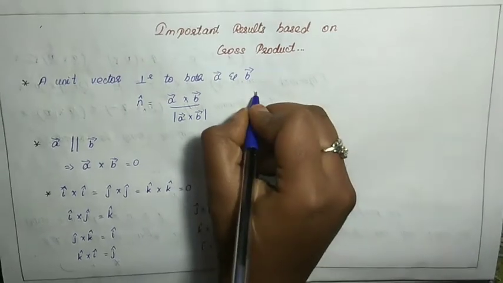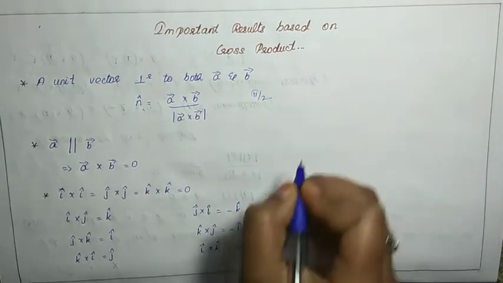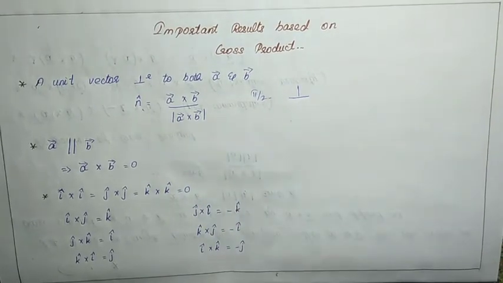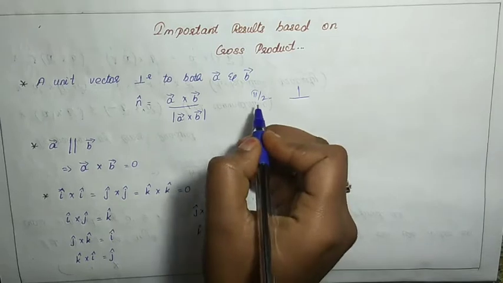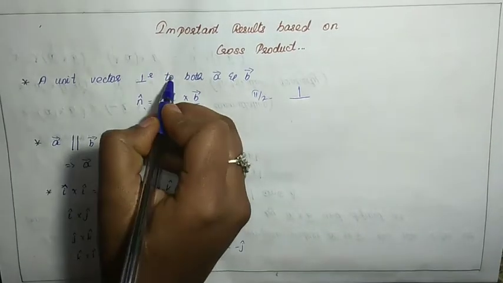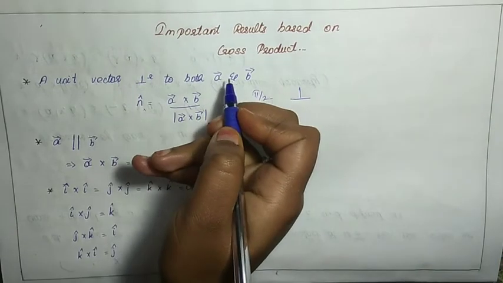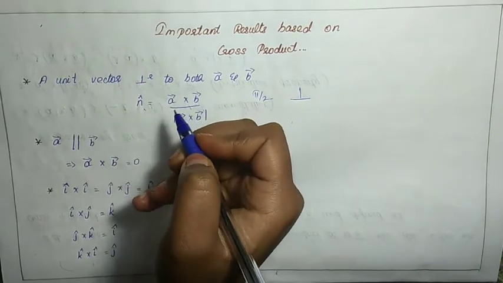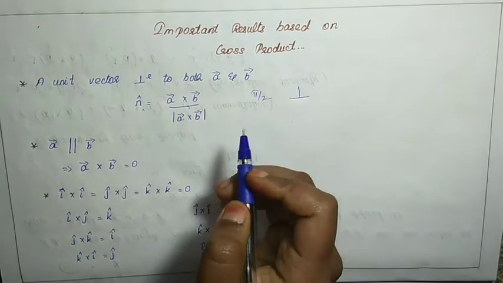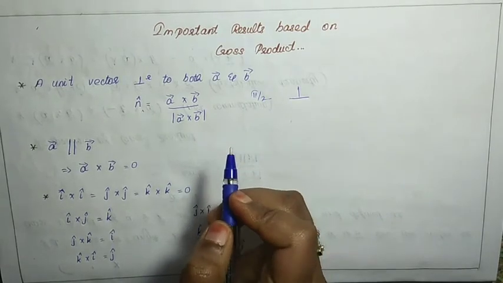Sine is 1 at pi by 2. Okay, so then we can say that the given two vectors are perpendicular, right? So that's what they have given here. A unit vector perpendicular to both a vector and b vector is n vector, which is a vector cross b vector divided by mod of a vector cross b vector.